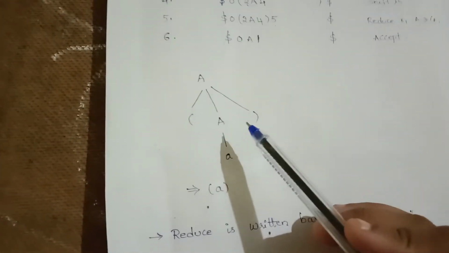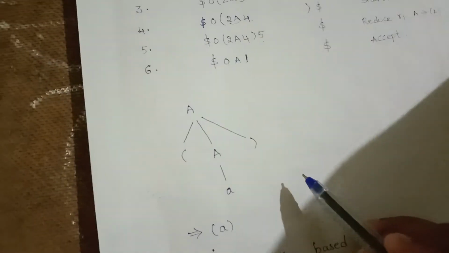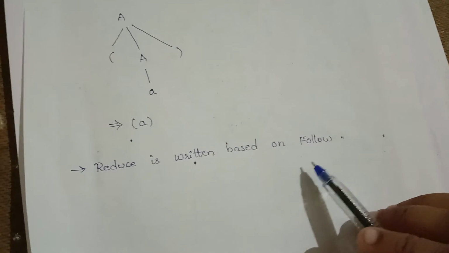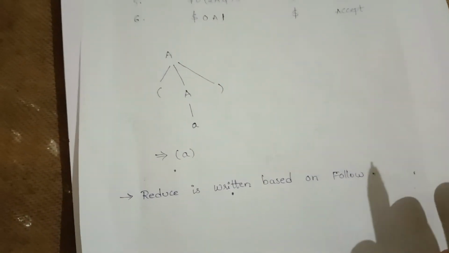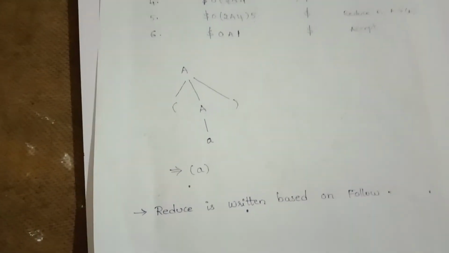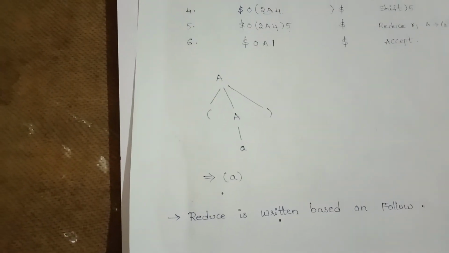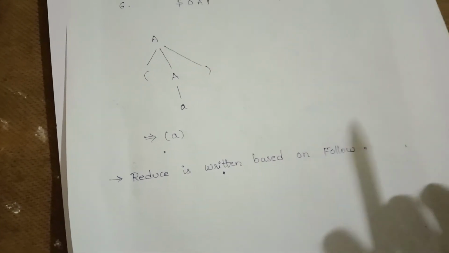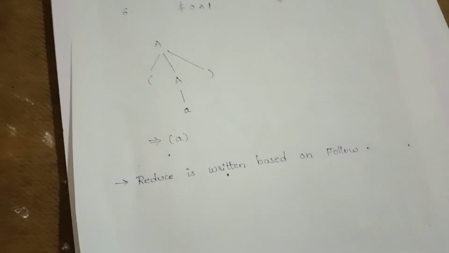And next you need to construct the parse tree, that is A tends to (A), and A tends to a. So we got the given input string. So in SLR, reduce is written based on the follow function, whereas in LR, we place reduce on all the terminals, whereas in SLR we place the reduce only in the follow function.